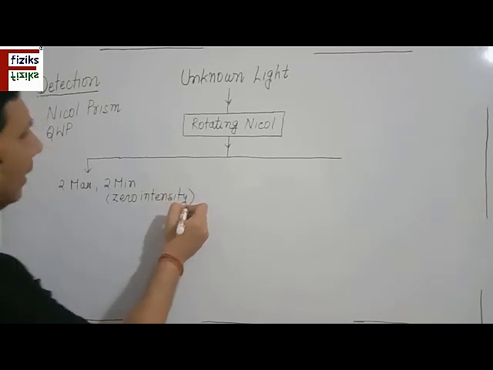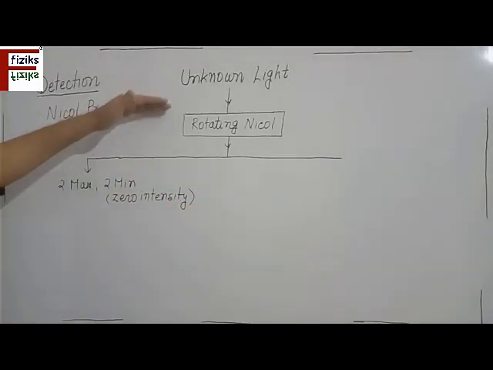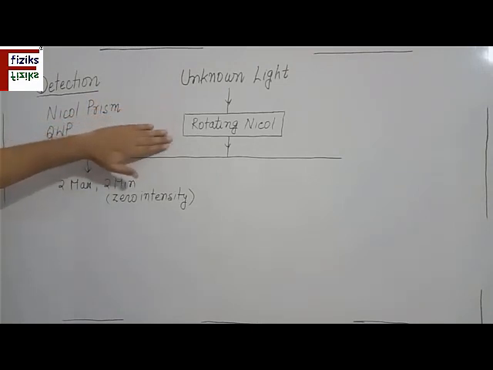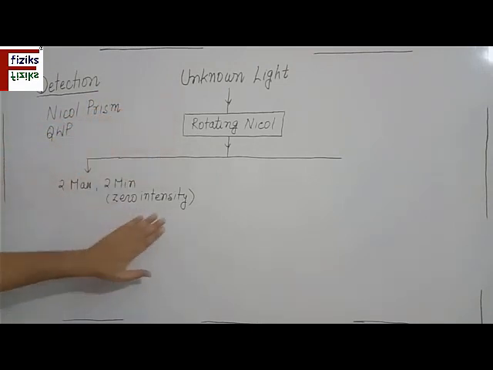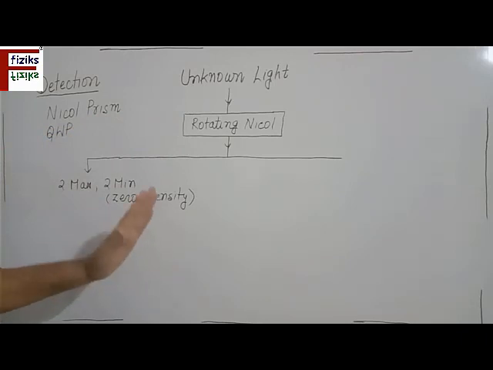So when this unknown light passes through rotating Nicol, during one rotation, we can have three situations on the emergent side.